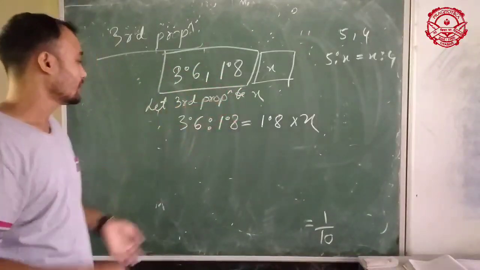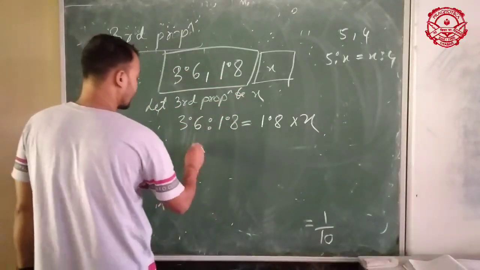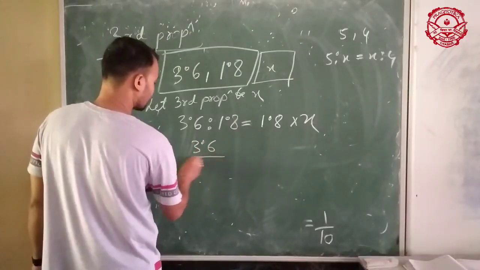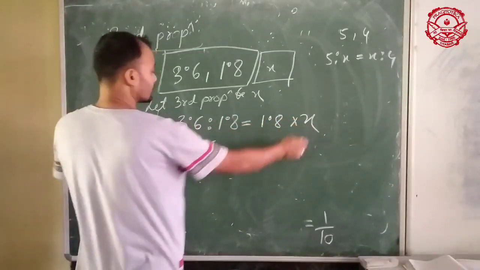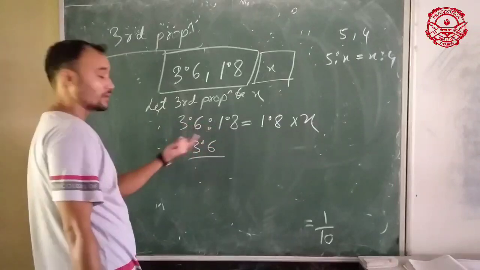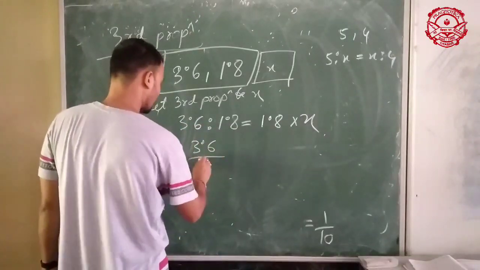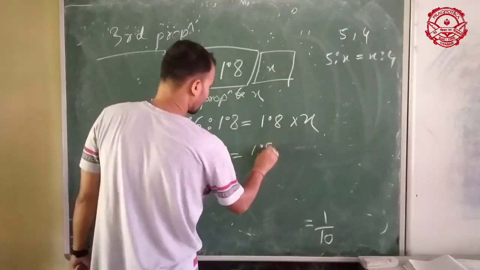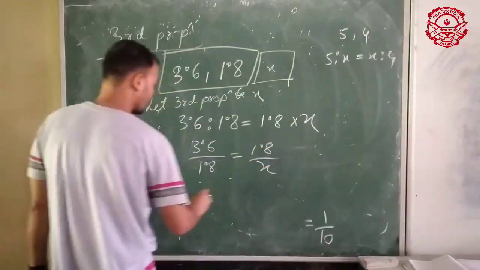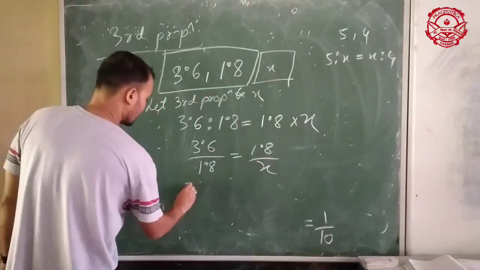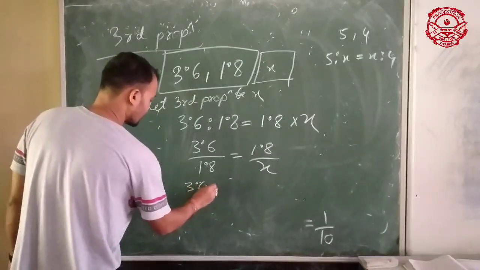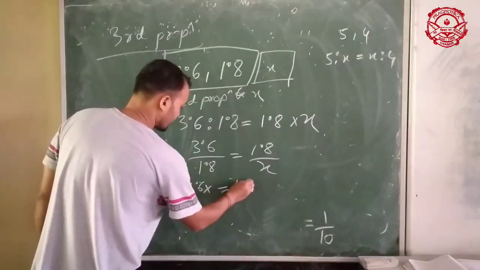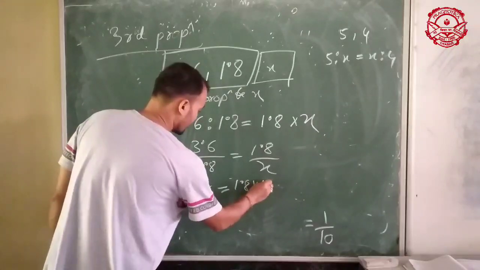Now calculate this. 3.6 over 1.8 equals 1.8 over x. Using the product of means and extremes, 3.6x equals 1.8 into 1.8.